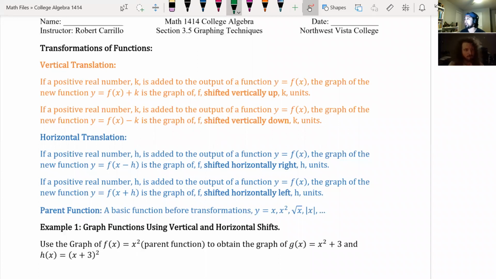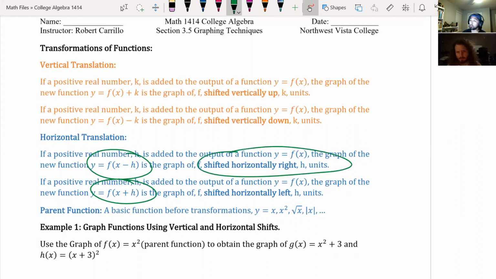Horizontal transformations are going to be opposite. So we have a horizontal transformation if a number is added to the input of a function such as f of x minus h or f of x plus h. If it's f of x minus h, this means the graph will be shifted to the right h units.